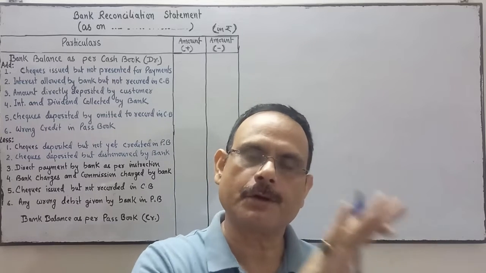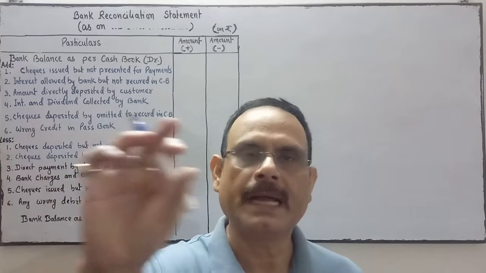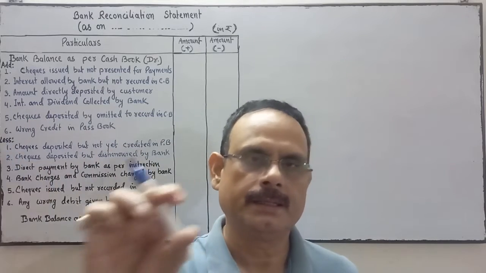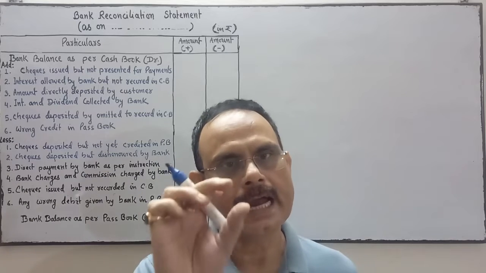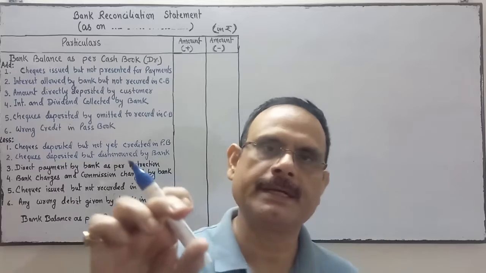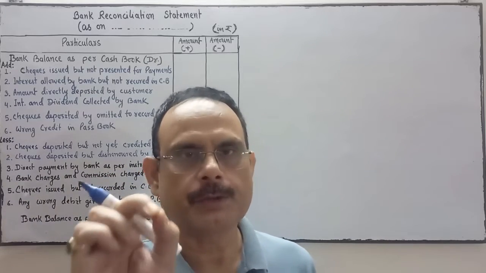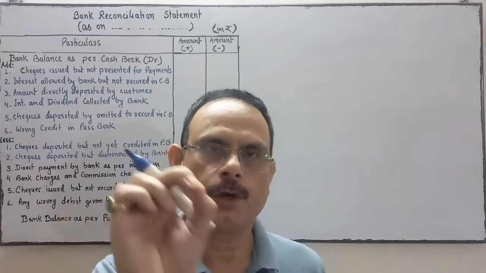So first of all, we'll draw a format. The heading of the format will be bank reconciliation statement. Thereafter we write as on the date of reconciliation, which will be given in the question.